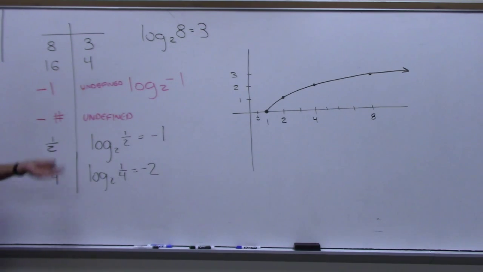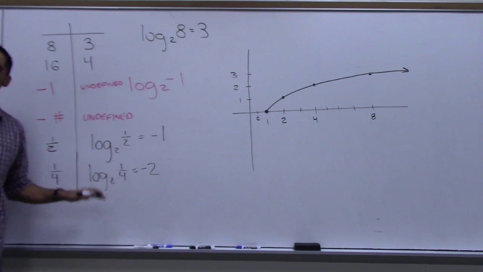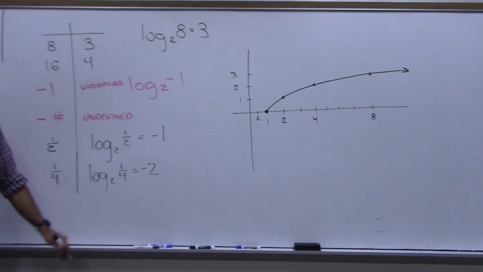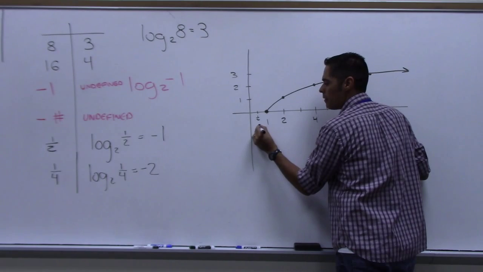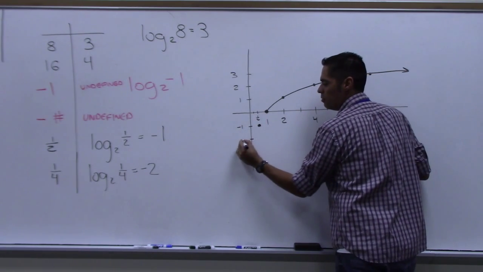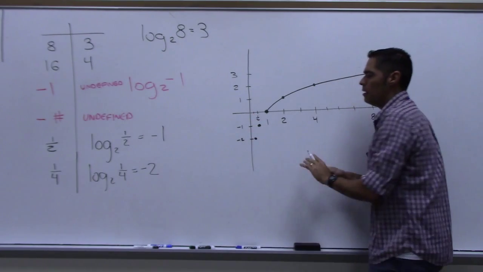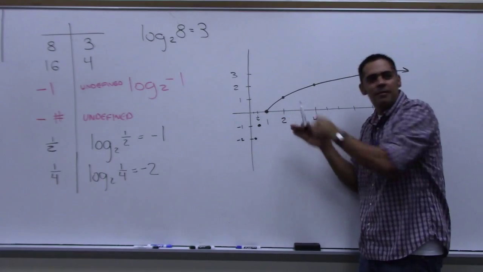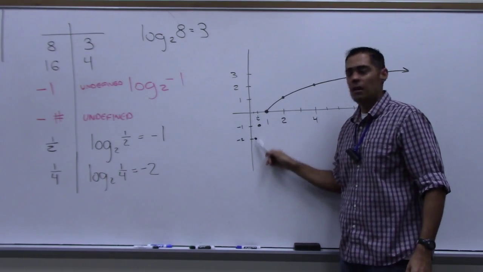What would the next number I pick be? 1/8, and then 1/16, and then 1/32. And what happens is each time it's -1, then -2, then -3, right? At 1/2, I was at -1. At 1/4, I was at -2. Now I can't zoom in anymore, but if I went to 1/8, I would be down even further.